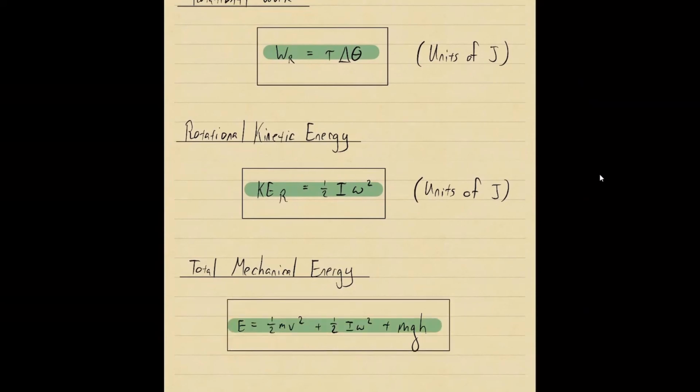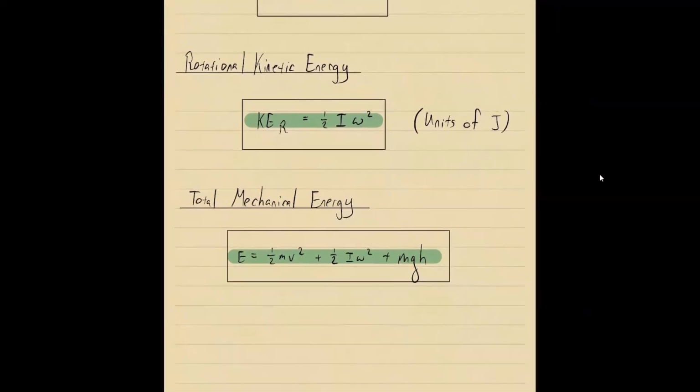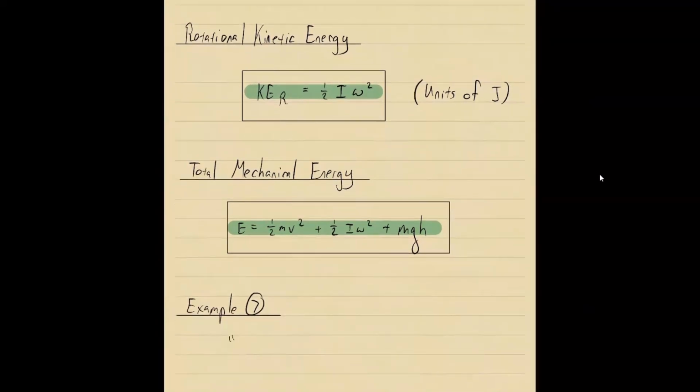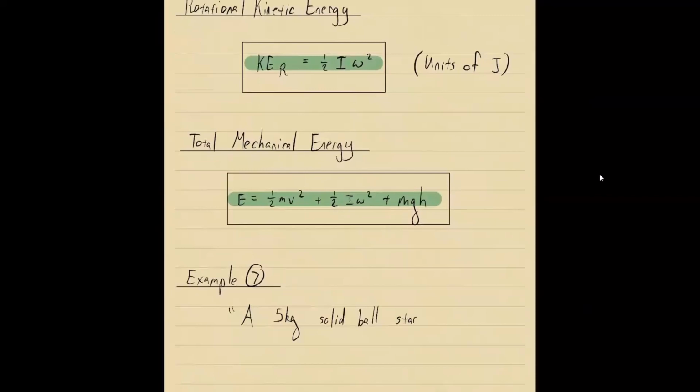All right, so let's look at a quick example. This is going to be example 7, I think. Example 7 says that a 5 kilogram solid ball starts from rest to roll down an inclined plane.